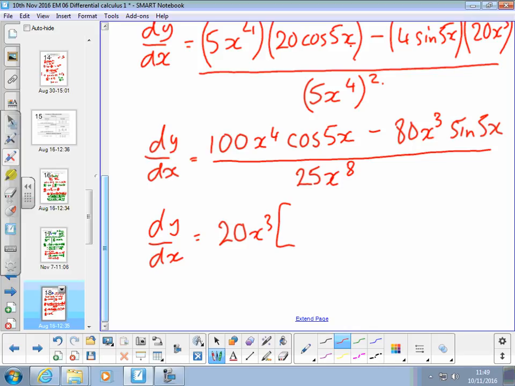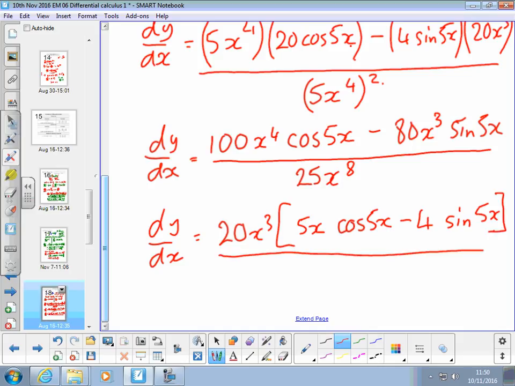What have I got to multiply 20x cubed by to get back to 100x to the 4th? 5x, cos 5x. Minus, what have I got to multiply 20x cubed by to end up with minus 80x cubed? 4 sine 5x. Close the bracket, all over 25x to the 8.